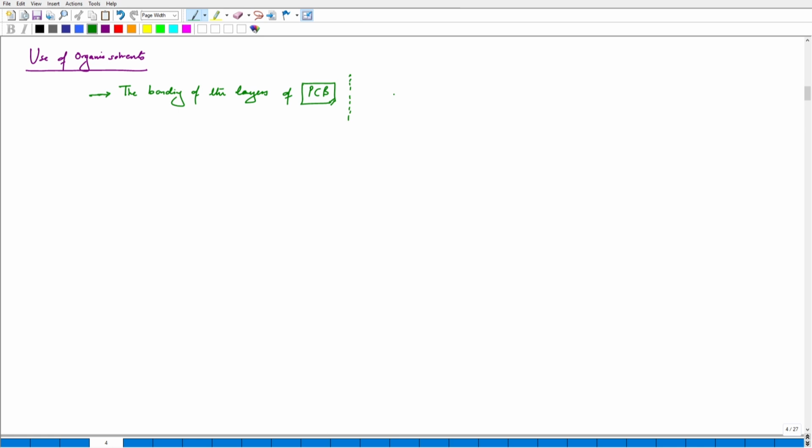So unless somebody is deliberately destroying a PCB, the bonding of the layers should be intact. It is engineered in such a way that it should stay constant. Now this itself makes the whole disassembly and delamination a bit of a challenge because these are strongly bonded.